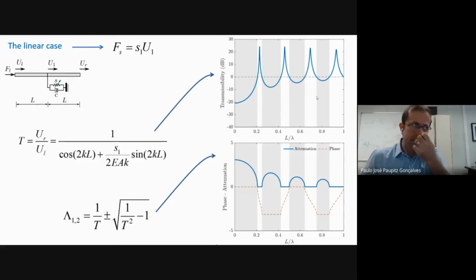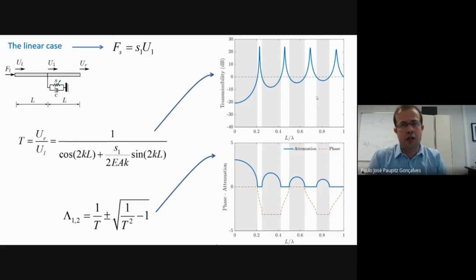The other part is, if you have a finite structure, then we are going to see some resonance. And then we can look at the effects of the nonlinearity. So what I'm trying to do here is relate the transmissibility back to the dispersion diagram in a different way. Instead of looking at the dispersion diagram and trying to predict what's going on in terms of quantities like displacement, I'm trying to do an opposite direction study.